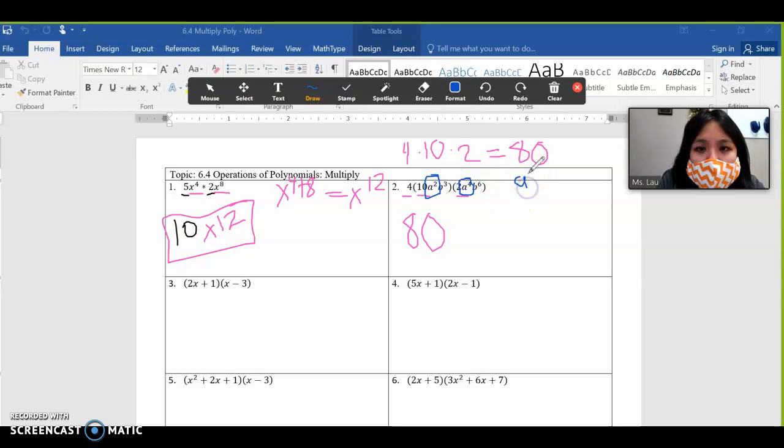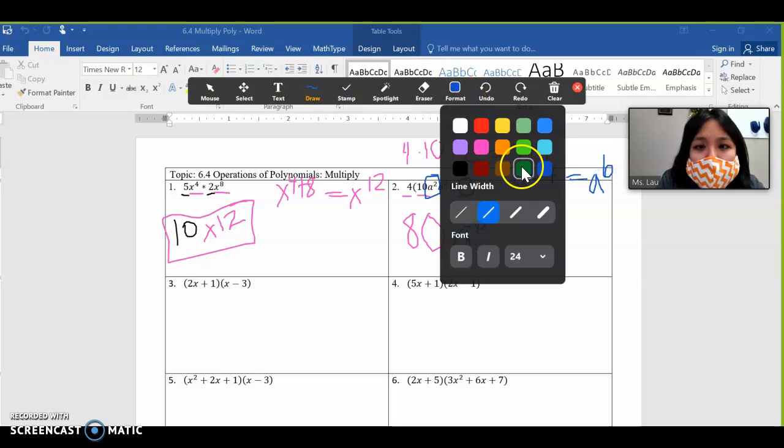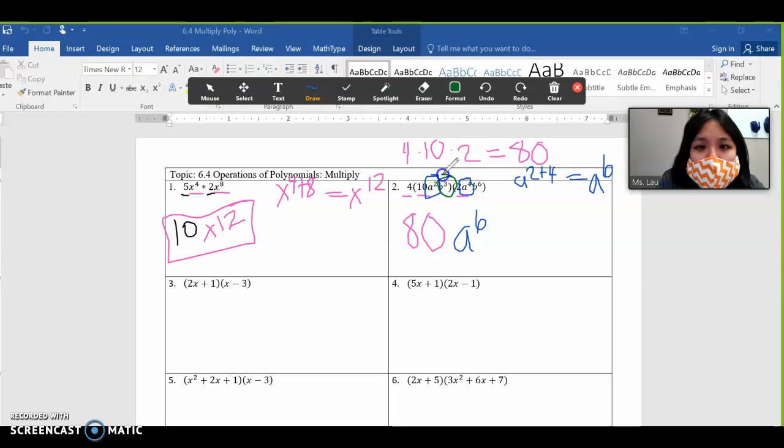So we're going to add those exponents because we're multiplying 2 a's times 4 a's. So in that case, we're multiplying 6 a's all together. So that's a to the 6th. And then the last one is b to the 3rd times b to the 6th. So 3 plus 6 is b to the 9th.